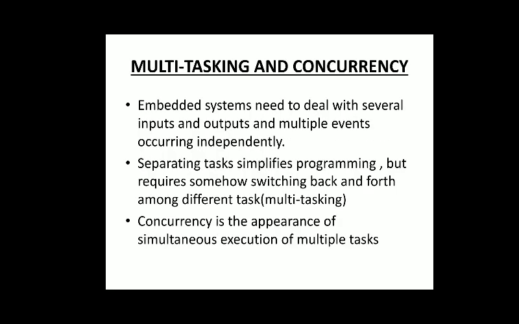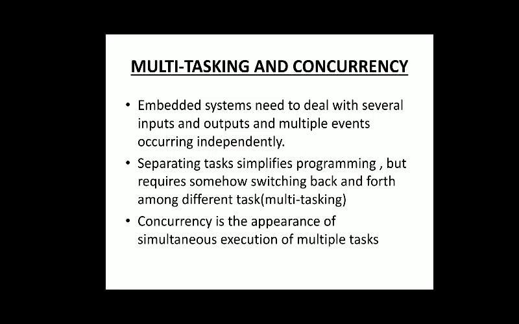Multitasking and concurrency. Embedded systems need to deal with several inputs and outputs and multiple events occurring independently at the same time, concurrently. Separating tasks simplifies programming, but requires switching back and forth among different tasks, that is multitasking. So the system has a kernel to switch back and forth.